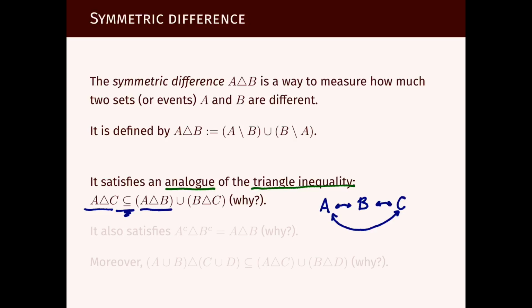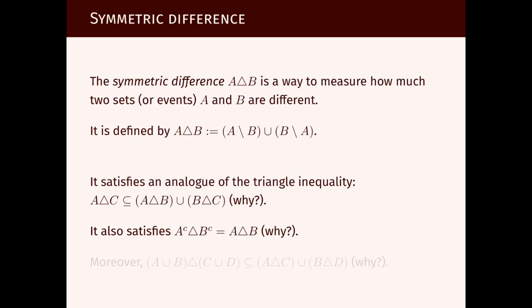So if we have a control on the difference between A and B, and a control on the difference between B and C, we can use that to get a control on the symmetric difference of A and C. Here I'm asking why, and as you have seen already, each time I ask why during a lecture or in the lecture notes, it means it's an exercise for you to prove the stated property.